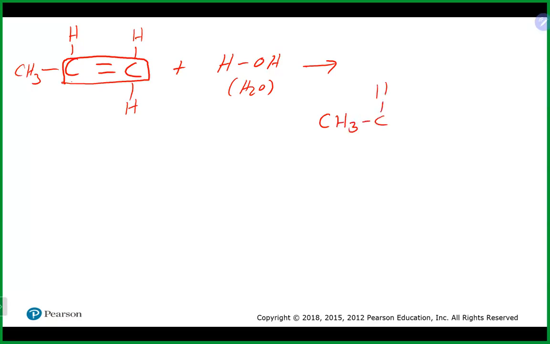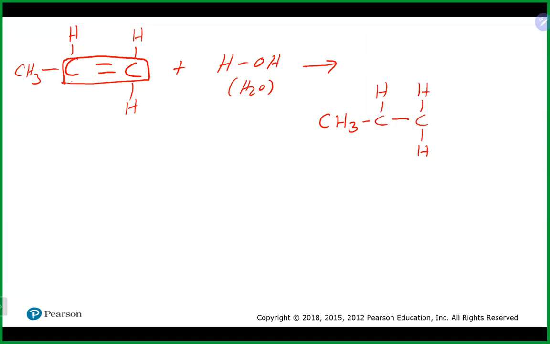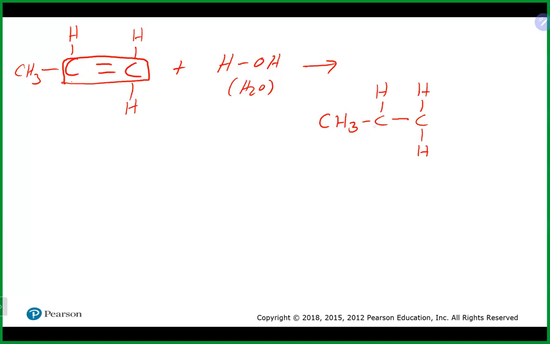I'm not going to change anything other than the double bond into a single bond because I know I need to make room for what's coming in. Now that I've done that, just like before, I could put a hydrogen here, for example, and I could put an OH here, which gives me my alcohol.